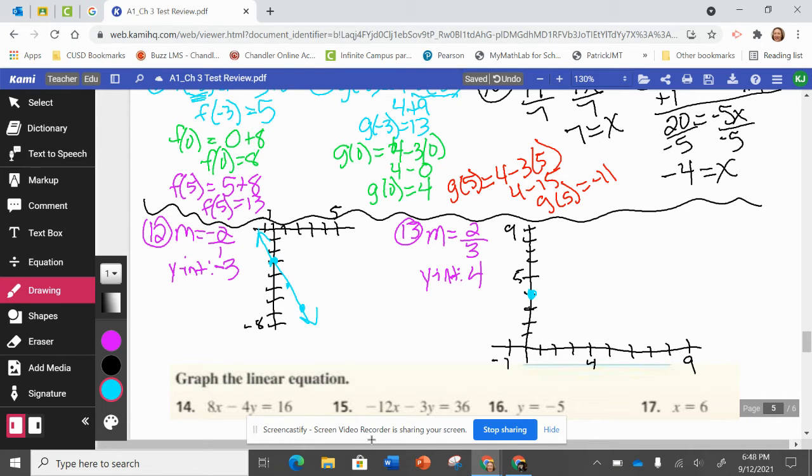And then our slope is 2 over 3. So up 2, right 3. Up 2, right 3. And there's our line.